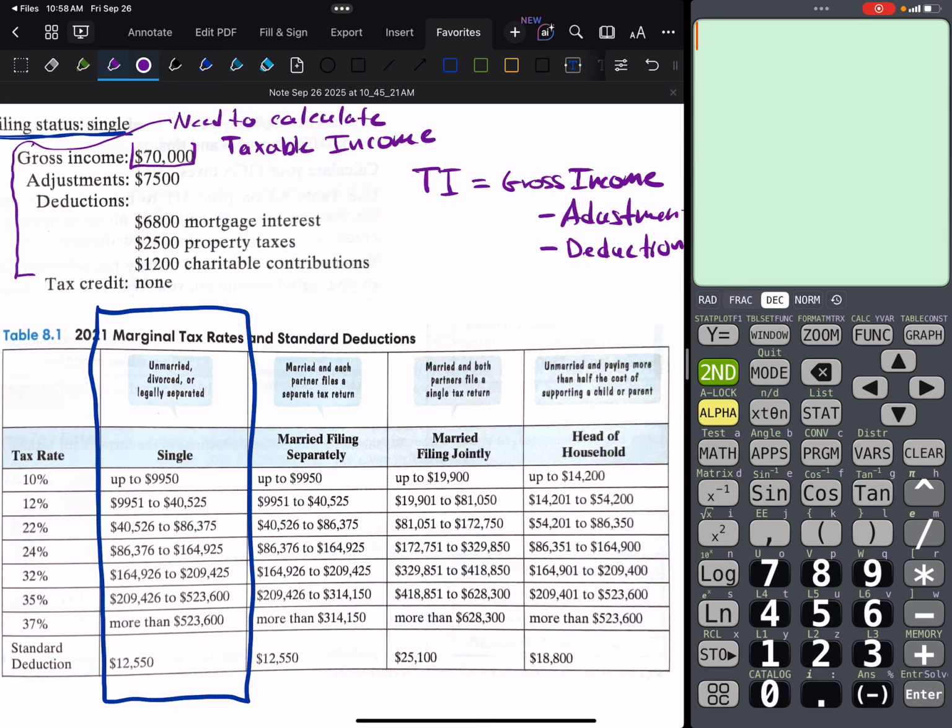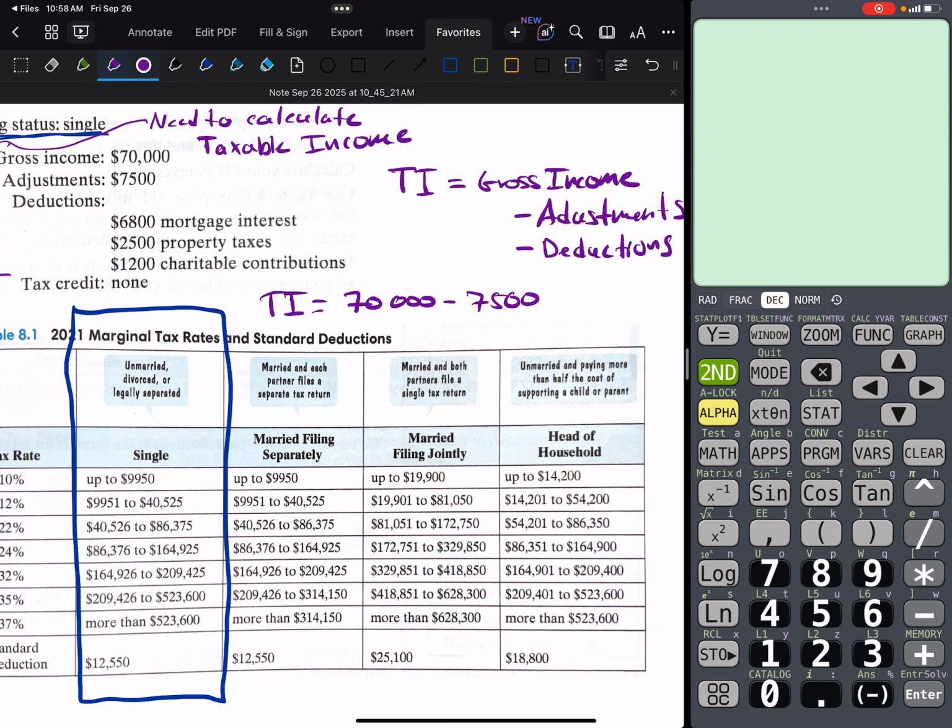Gross income is every dollar that you have made. And so that individual made $70,000 that year, and so $70,000 goes for my gross income there. So my TI here is going to equal 70,000 minus 7,500. And then I've got to figure out what to do with the deductions.